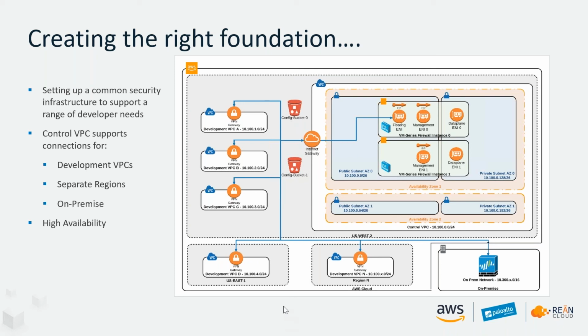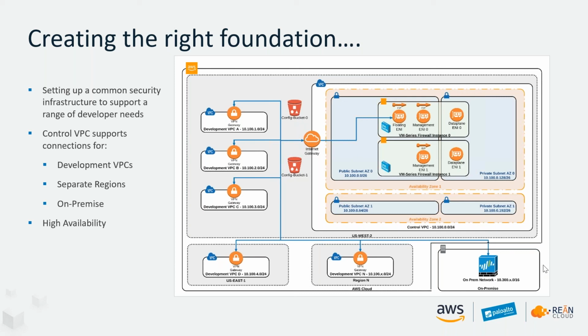They needed the flexibility to be able to spin these up in different regions for a variety of reasons, including that sometimes AWS releases certain capabilities in one region, US East, before it is available in some of the others. So they wanted that flexibility to be able to support that. And then on the bottom right-hand corner, we've got the connection back to Gigamon's development center in California, where the developers were actually sitting.